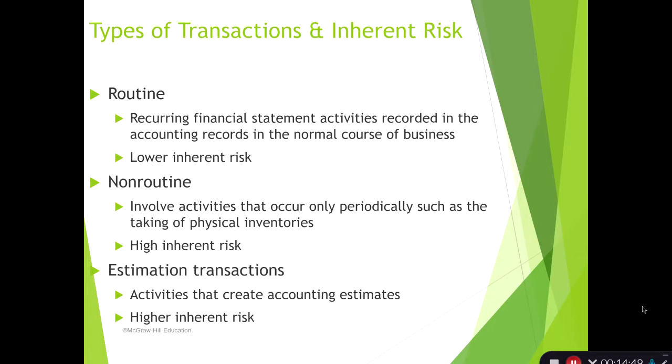Another potential characteristic here that can be related to inherent risk is this idea of routine versus non-routine transactions. Things that are happening every day, like sales orders and purchase orders and invoices coming in, invoices being sent to customers. Those tend to have a little bit lower inherent risk, one, because there's usually a lower dollar amount for those, but also hopefully the internal controls are set up in a way that helps with that, although we'll get to the control risk later.